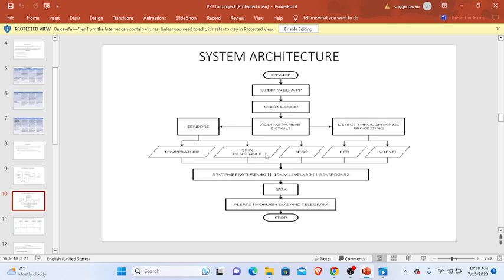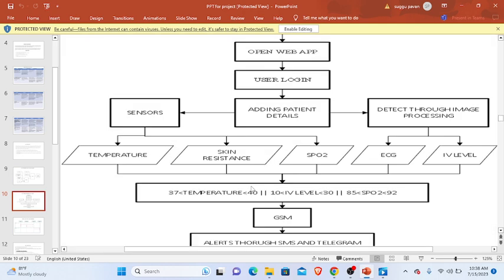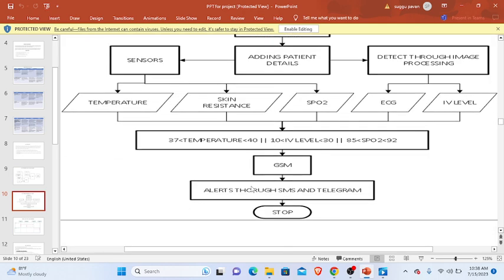Every patient will be monitored with his temperature, skin resistance, and SpO2 values, and ECG and IV level values separately. And you can see there is a limit for the temperature, the IV level, and the SpO2. If values go beyond these limits, then the alerts will be produced through GSM through SMS.